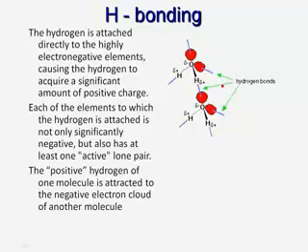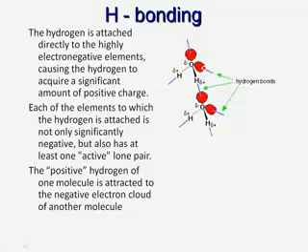One is the large difference in electronegativity between hydrogen and the oxygen, nitrogen, or fluorine, and the other is that because of the small size of the hydrogen and really of the nitrogen, oxygen, and fluorine, the molecules can get fairly close to each other, at least closer than they could with a larger atom involved.